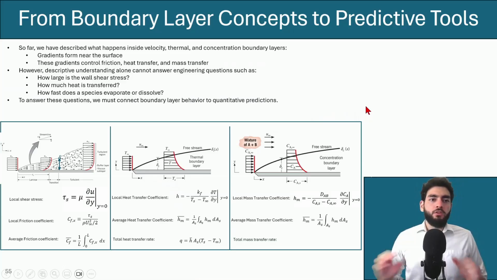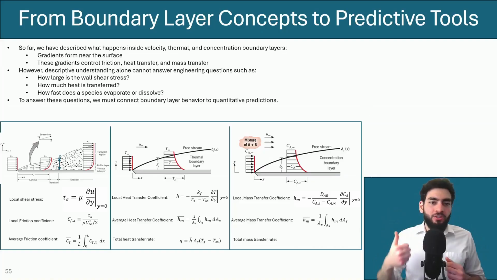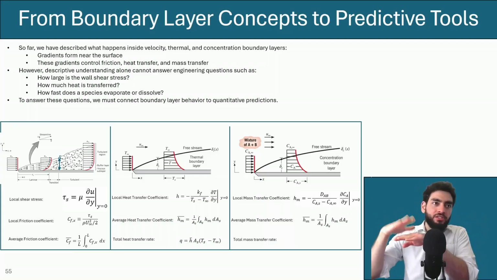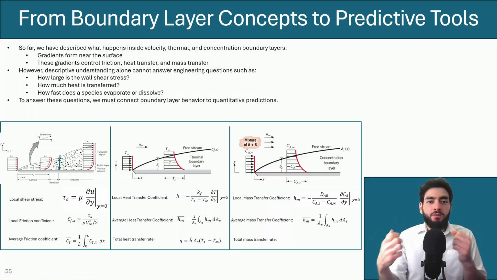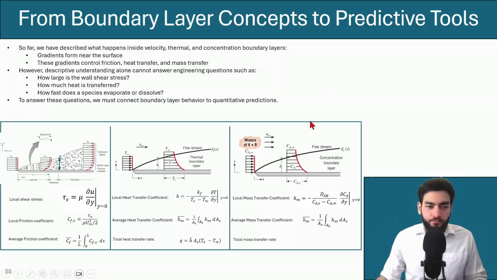Okay, so far we've described what happens inside a velocity, thermal, and concentration boundary layer. And we said that we have gradients that form near the surface, and essentially that these gradients control the friction, heat transfer, and mass transfer coefficients.